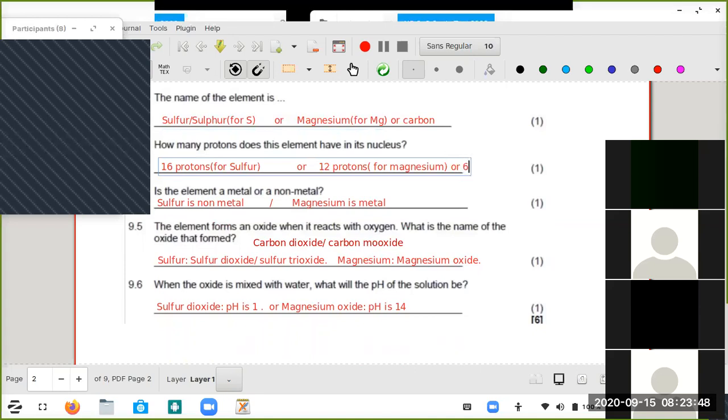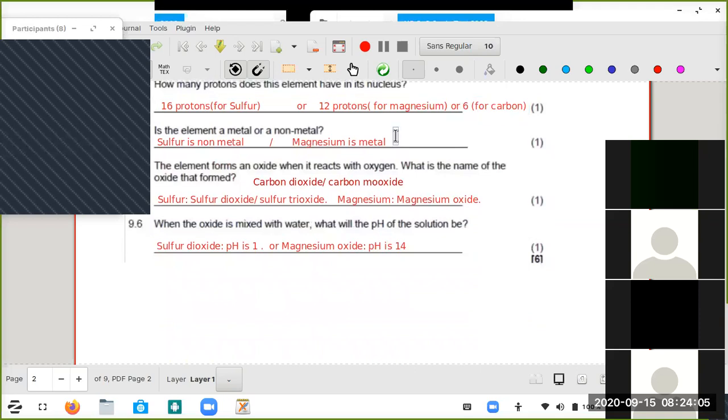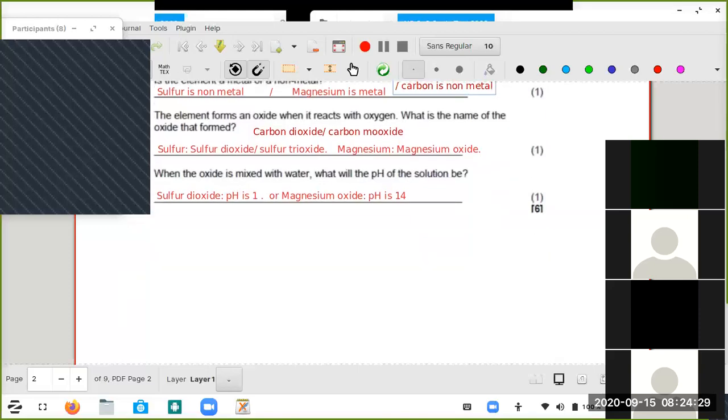That's for carbon. Then the element, if it is carbon, carbon is a non-metal. Right.